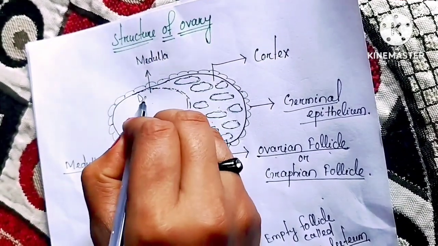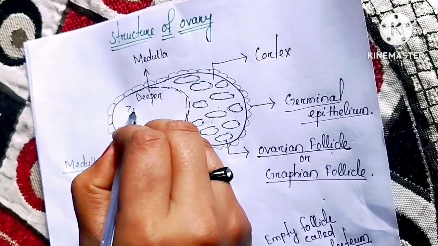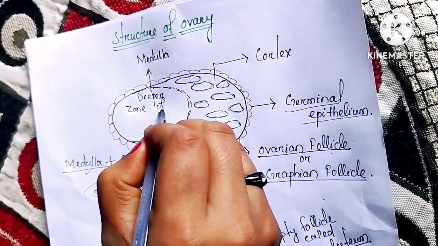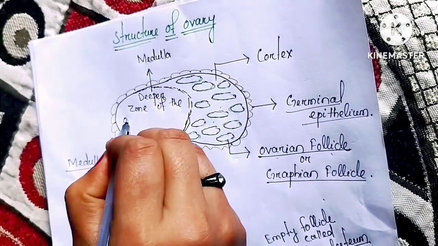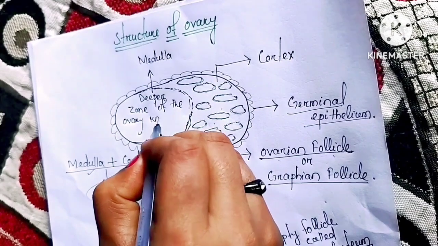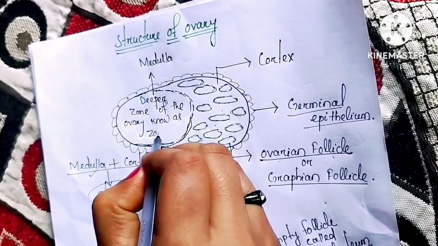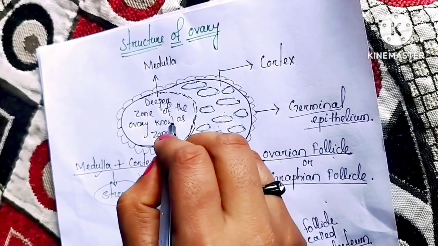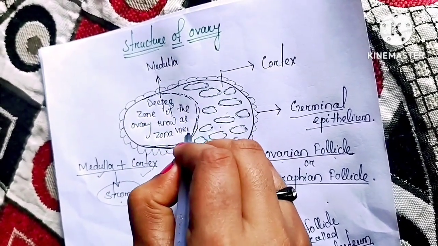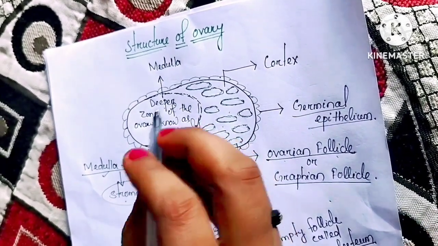The medulla is the deeper zone of the ovary, known as zona vasculosa.